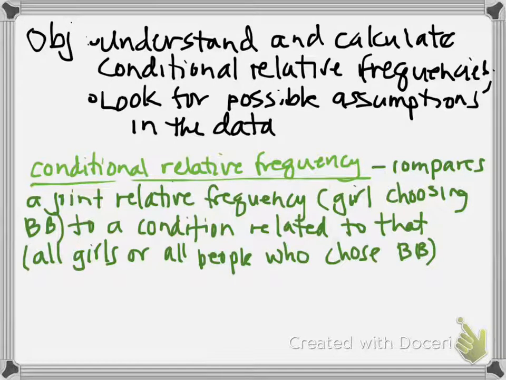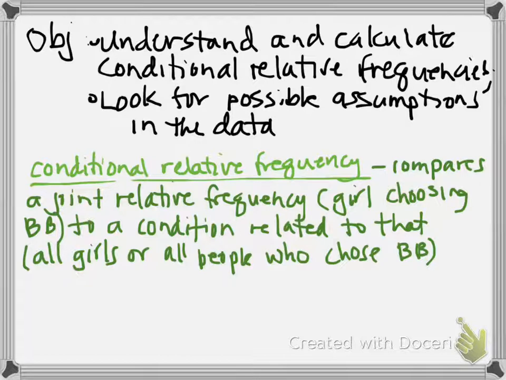So if I'm looking at a girl who likes basketball, the only two totals that I can look at is total girls or total basketball. Okay? So I'm not going to be looking at the corner one, which is everyone who was surveyed. It has to be related back to the original condition. Okay? So there's a relationship between what column am I pulling my original value from, and what am I comparing it to?